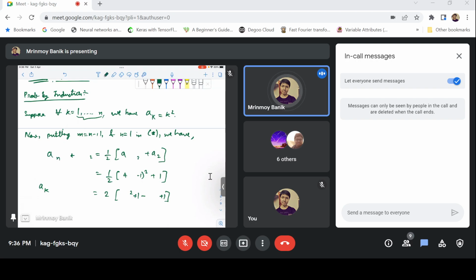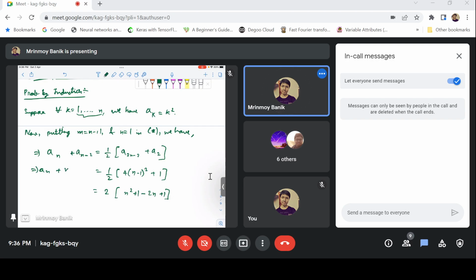So a_{n-2}, a_{2n-2}, n squared, 2n, plus 4n.